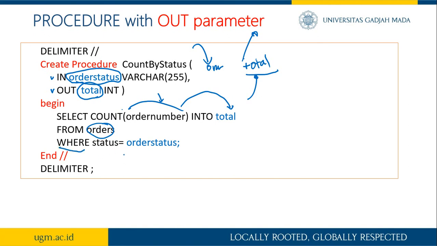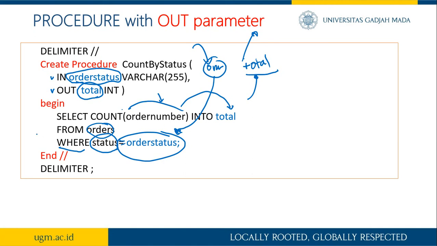But I only count the order number that have the status same with the given values from the parameter. So the order status here, the input here, is used as the condition for selecting the count of the order number.